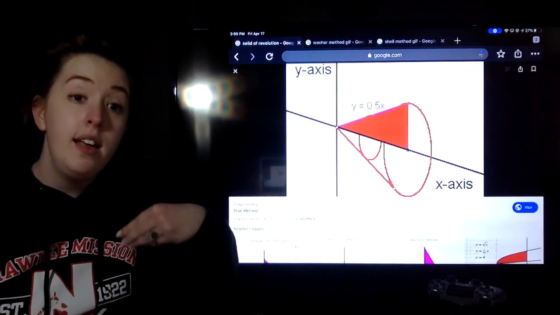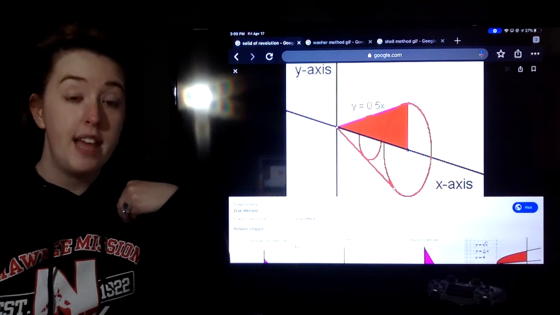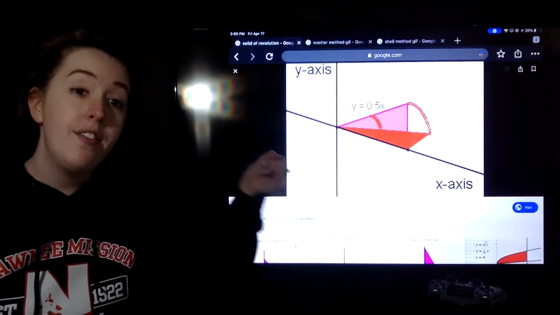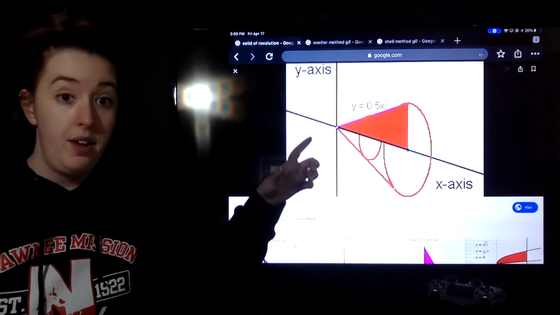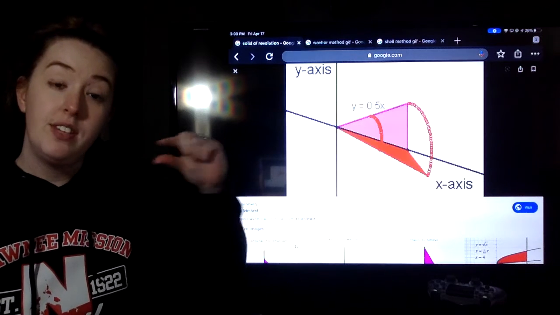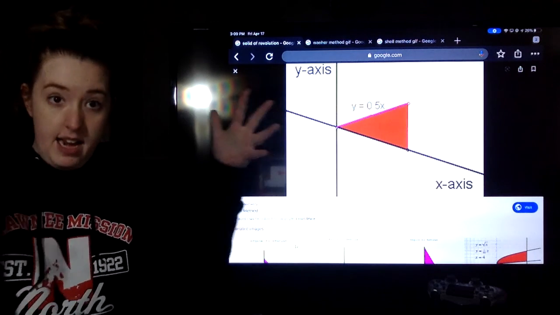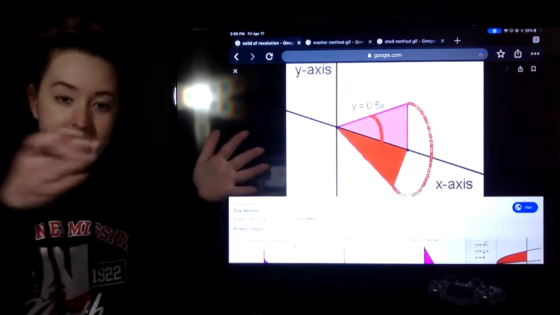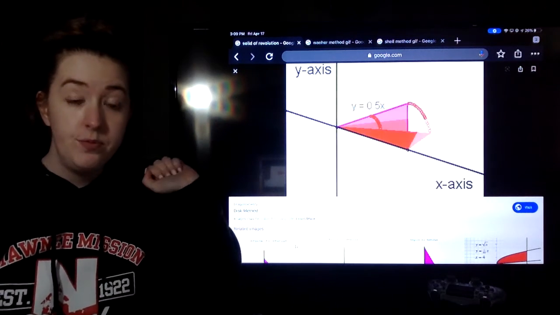So the majority of solids of revolution that we find are going to be like this. And we're going to find the volume of these things by cutting it up into a bunch of little discs and then adding the volume of all of those little discs together, all the little tiny cylinders all together, right?